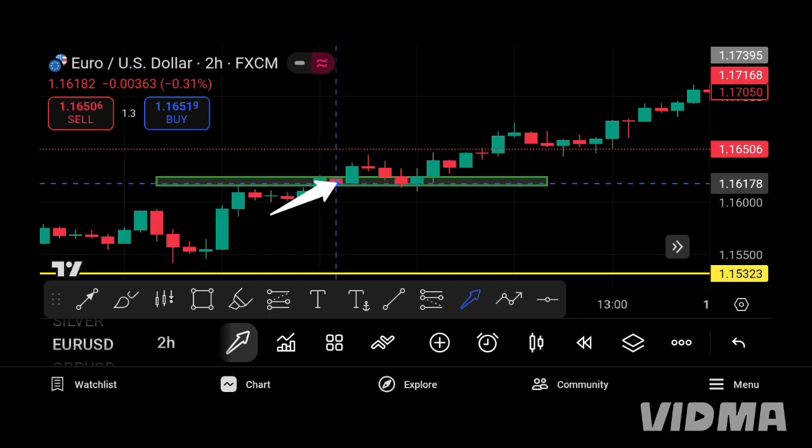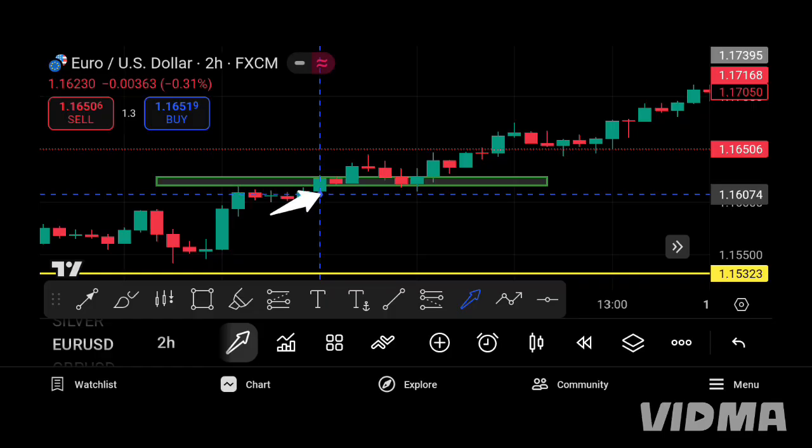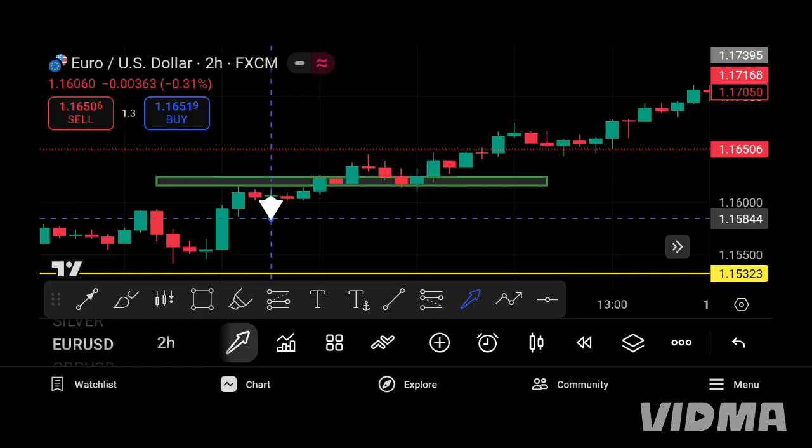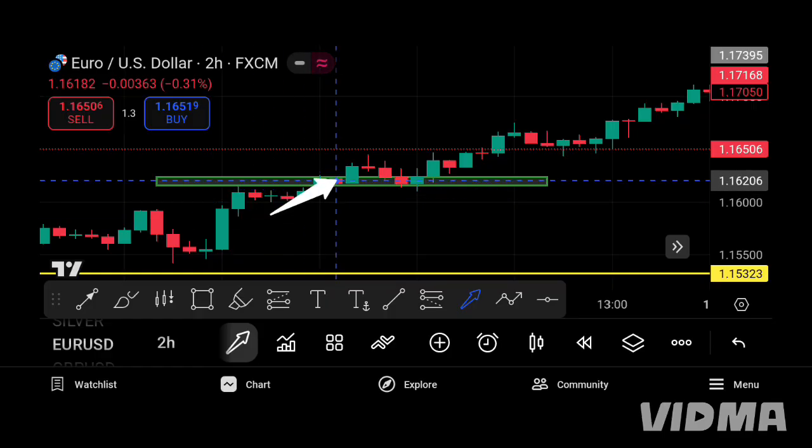So this demand zone is what we want. This demand zone, we need liquidity to be swept right away, so that we do what? We enter into a buy position.